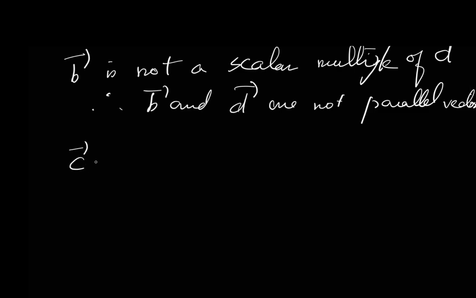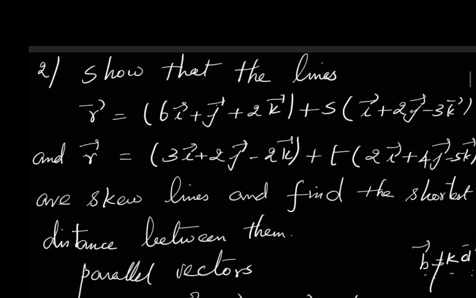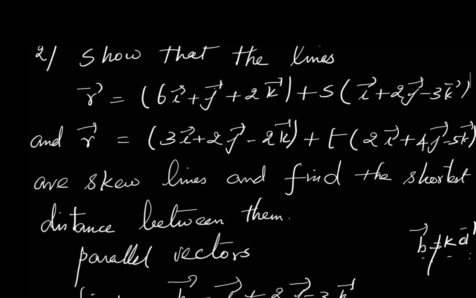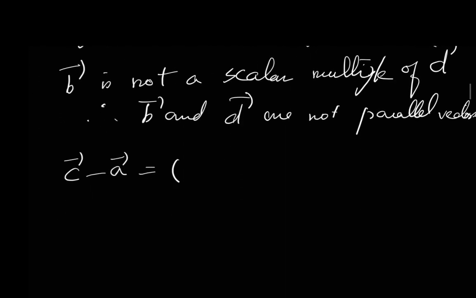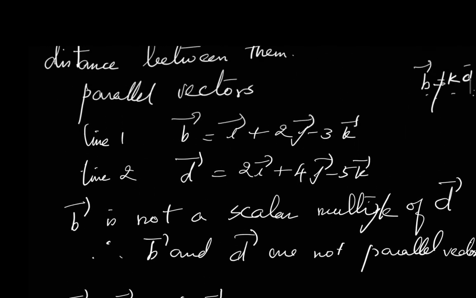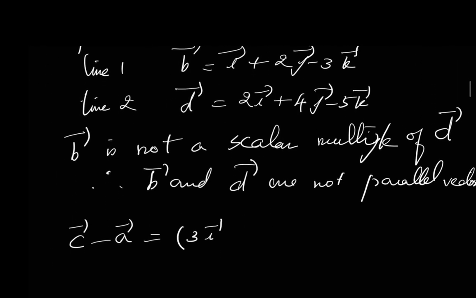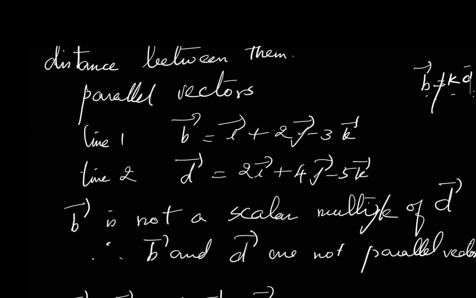So let me find vector C minus vector A. What is vector C? Vector C, from the second line, is 3i plus 2j minus 2k.